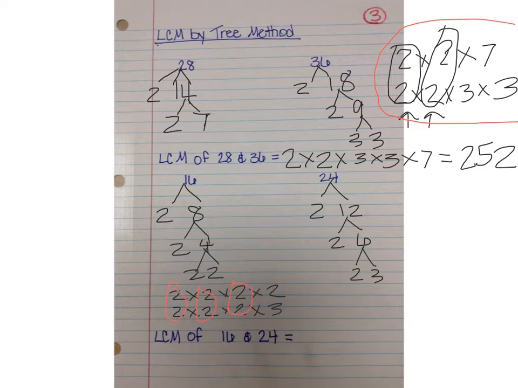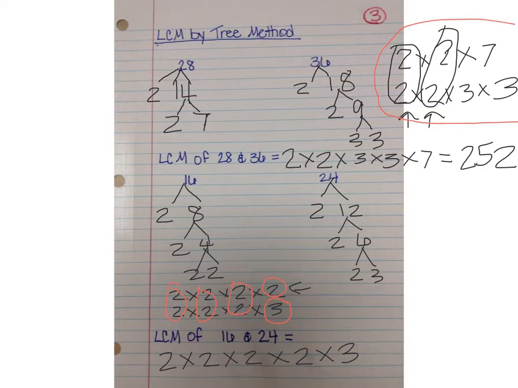So we're only going to list those one time. So the LCM of 16 and 24 is going to be 2 times 2 times 2 times 2, which is this one right here, times 3. Do you guys follow that? Okay, so this is one and this is one separate. Okay, so that's where I got my numbers.